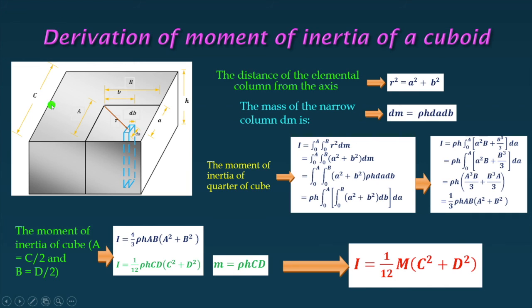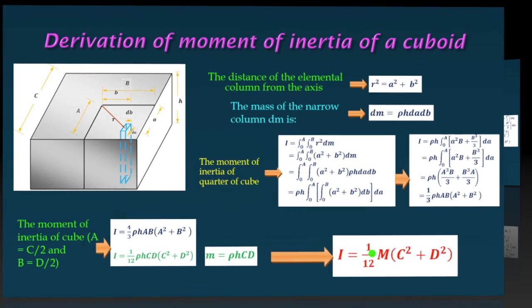C into D into height, so h C D. Then substitute the value of density from this equation. We get I equals 1 by 12 M into C square plus D square.